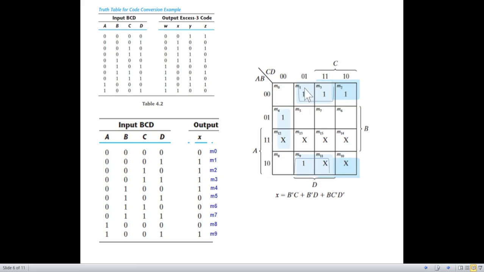B dash, and what is common from here is D on both. So B dash D we get, and similarly combining these pairs we get B dash C, and combining these 2 we get B C dash D.